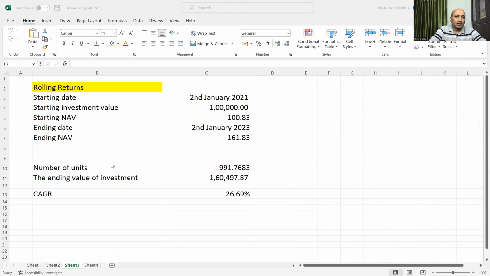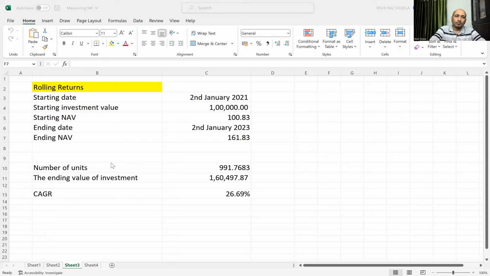Now, the starting investment value is rupees 1 lakh and the starting NAV, say, 100.83. It may be different, but for example, we are taking this. Ending date is 2nd January 2023 and the ending NAV is 161.83. So you got this information out of your investment.